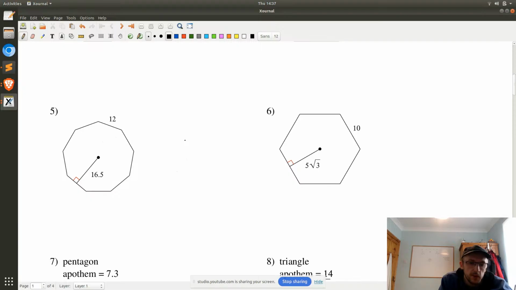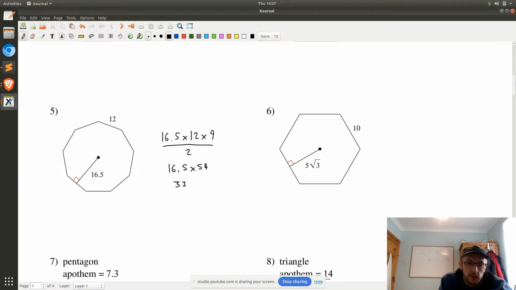The apothem times the side length times the number of sides divided by 2. How many sides are there? And then divide all that by 2. So it's the same as 16.5 times, that's 6, and that's 9, so 54. But you can do better.